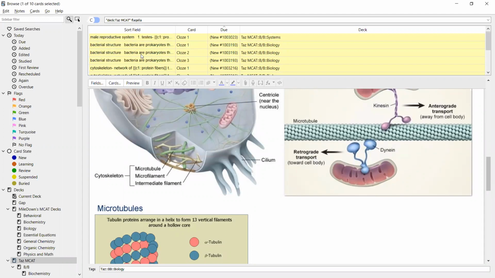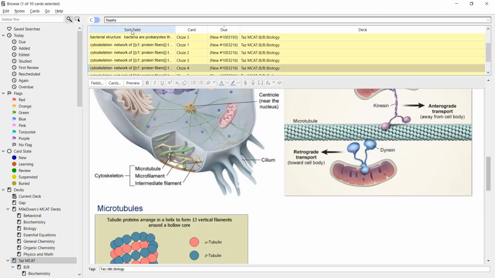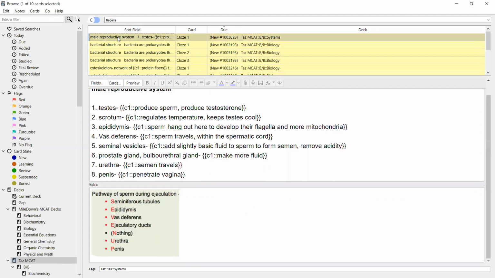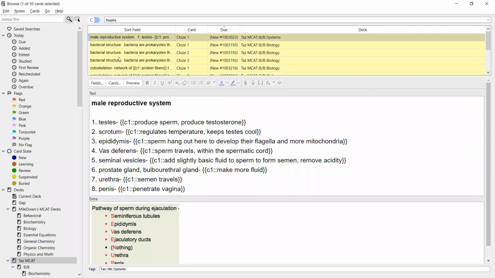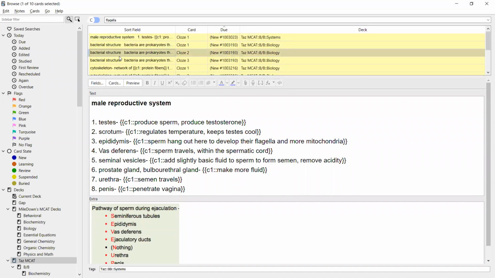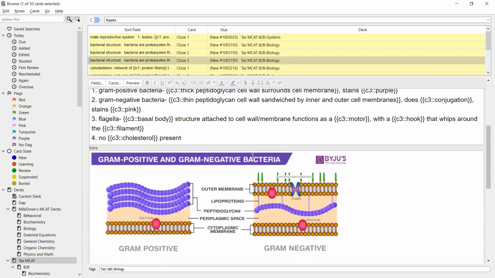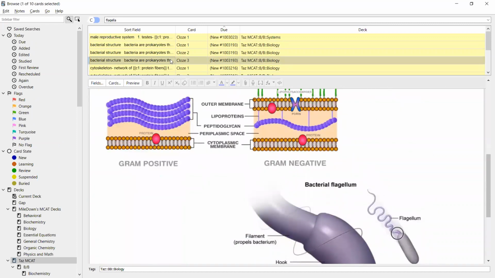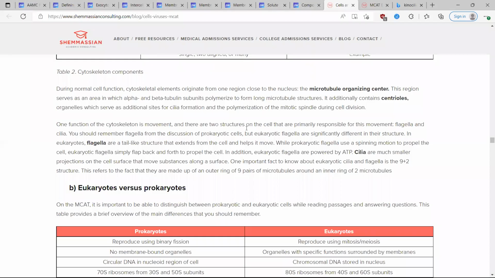I had a nice picture. Hold on. Flagella. Interesting. No, I don't seem to have that picture.